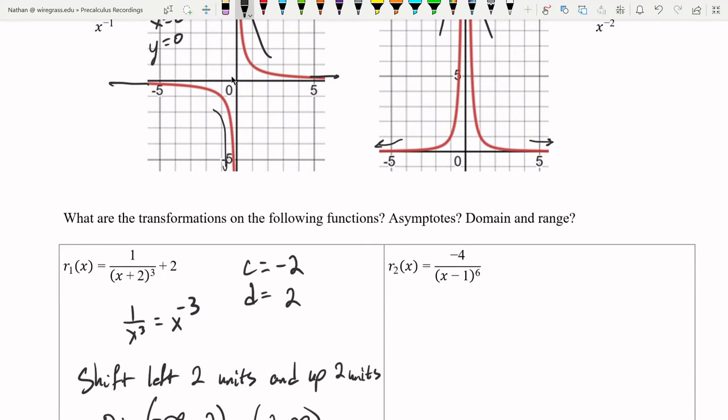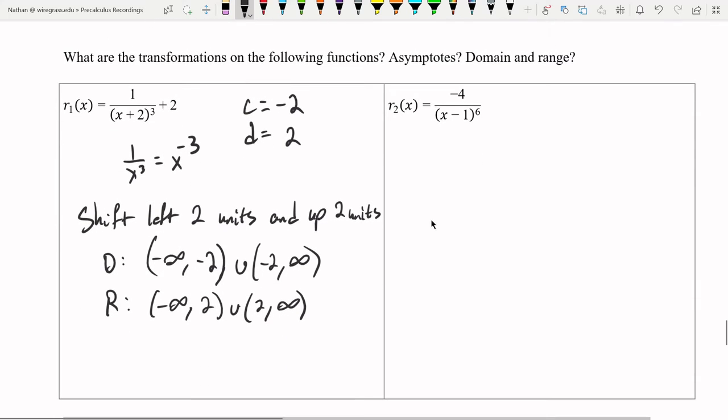This one does not cross the horizontal asymptote, so we're not going to include that point here. Of course, the asymptotes themselves: the vertical asymptote, that's right here, is at x equal to -2, and the horizontal asymptote is at y equal to 2. That's from the range. All right, let's move on to the next one.